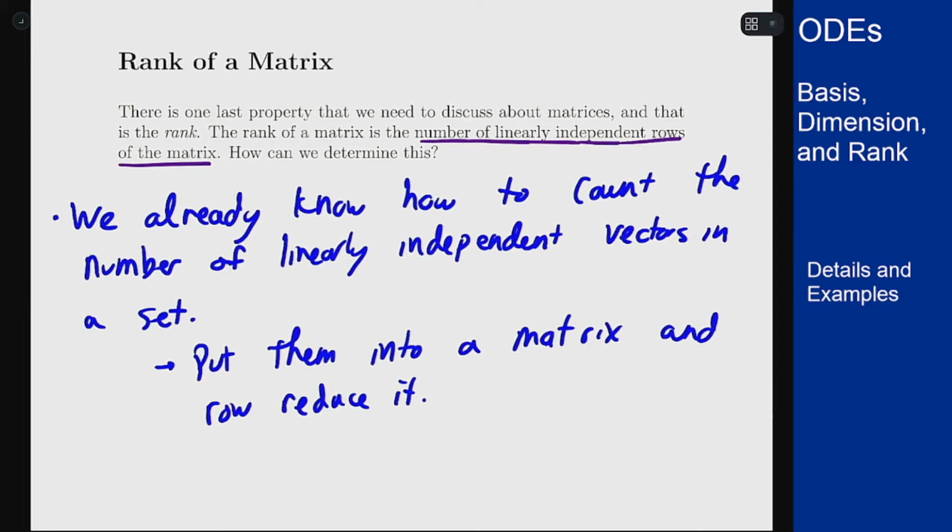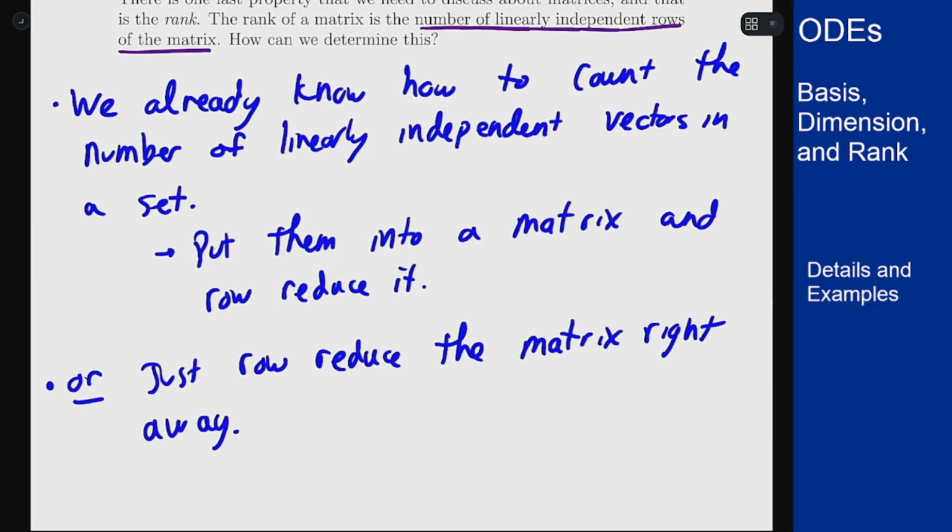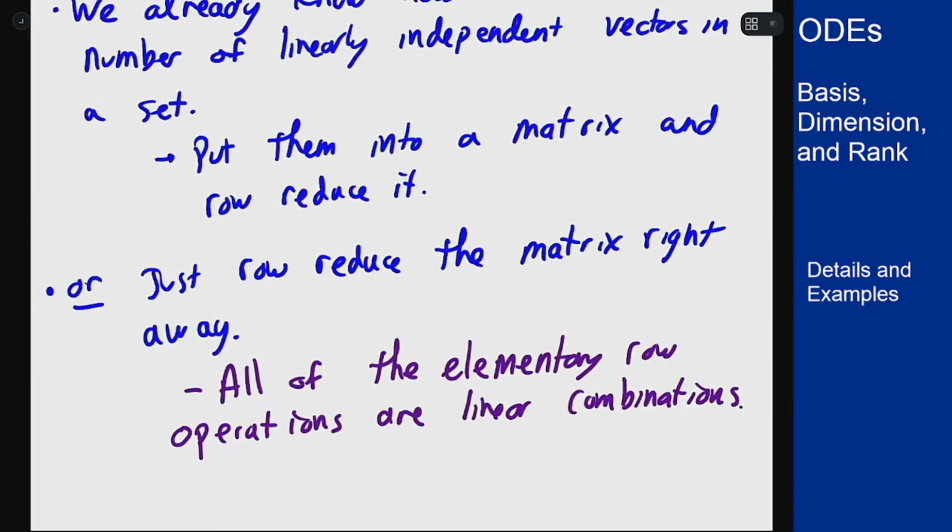So you could write a new matrix that has the original rows as columns and do the same process. That's called taking the transpose to get that new matrix, and then do row reduction. Or you could actually take the matrix you start with and just row reduce it. The idea here is that all of our elementary row operations are linear combinations, so we're not really doing anything illegal here by doing row operations.